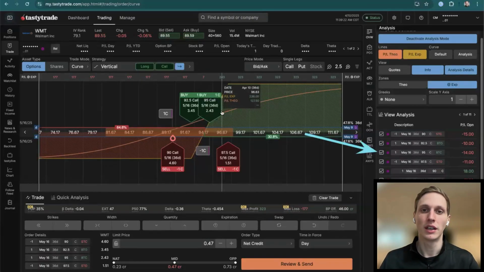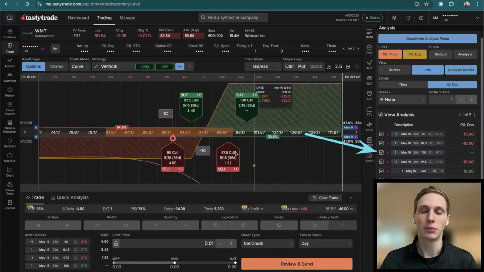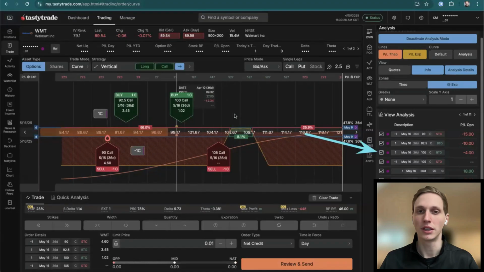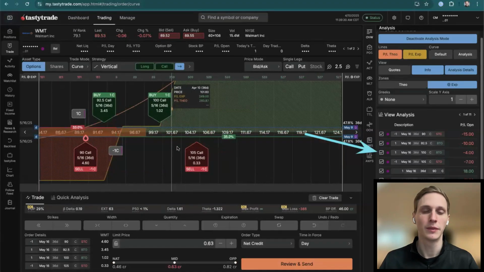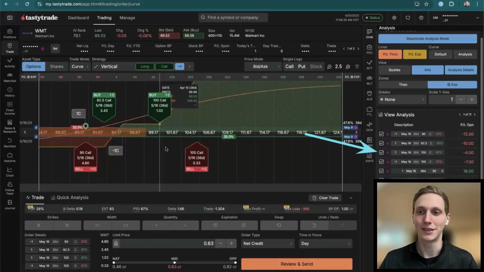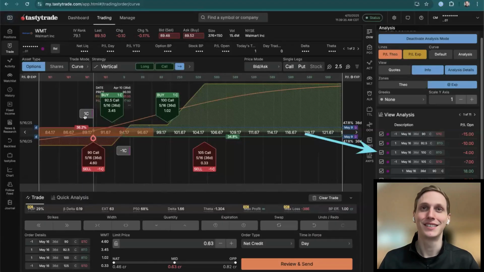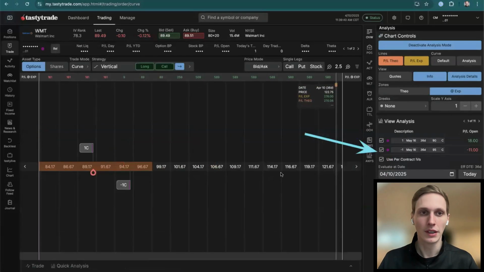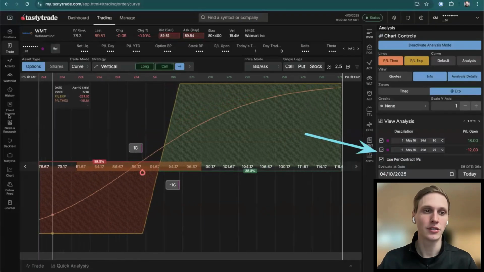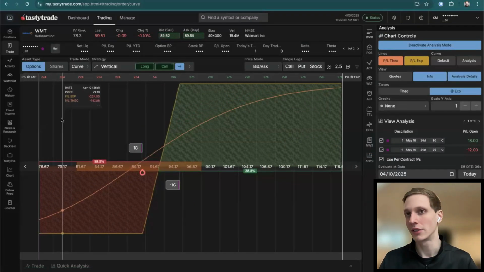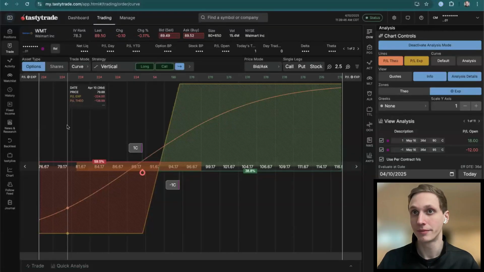So we can see and drag around our legs here if we wanted to a different price. Again, Zoom is absolutely throttling my laptop at the moment, so it looks a little laggy, but you can ignore that for the most part. So that's how you can check out and analyze rolls as well, either to different strikes or different expirations.